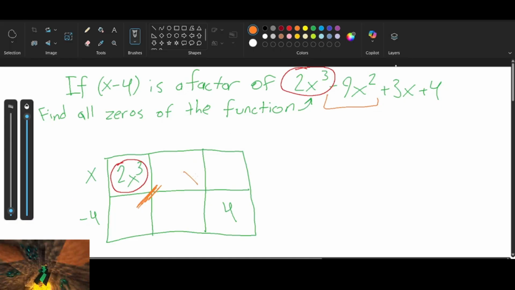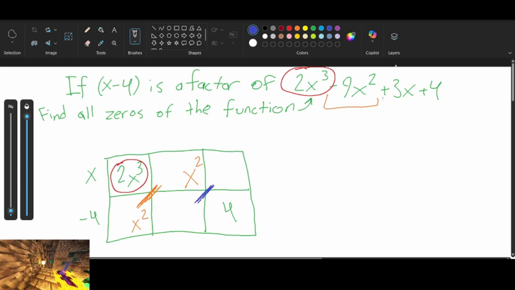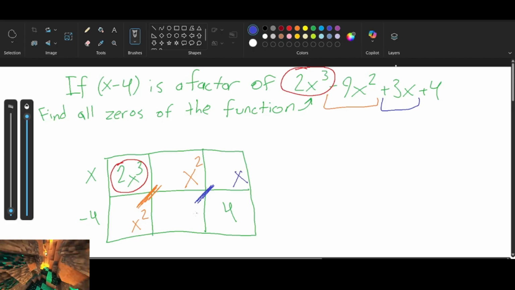So I know these are going to be x squareds. And then I know these two diagonal boxes are going to add up to our 3x. So I know these have to have just x. So now I've got to actually solve.